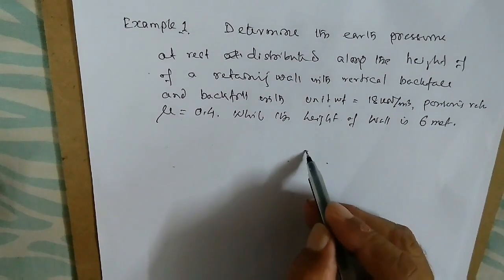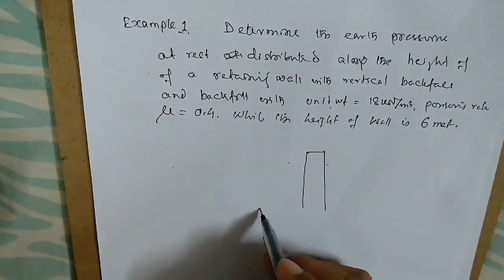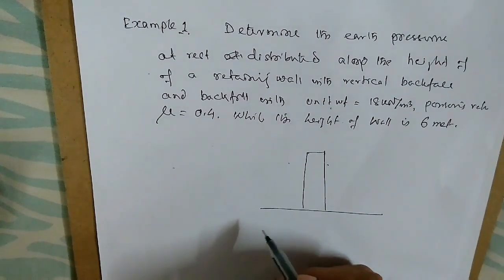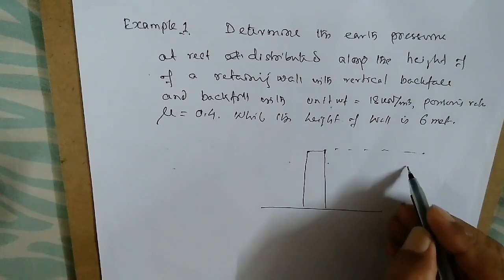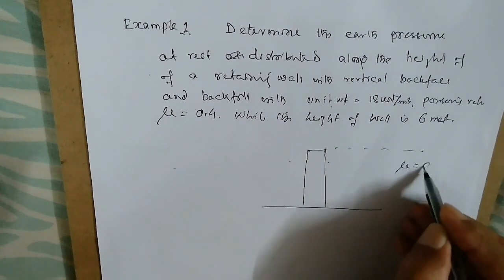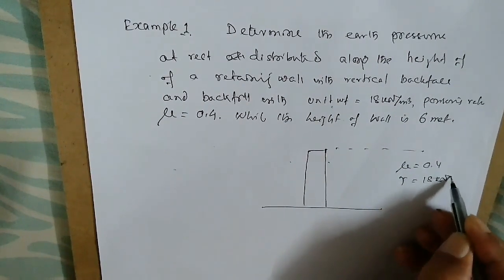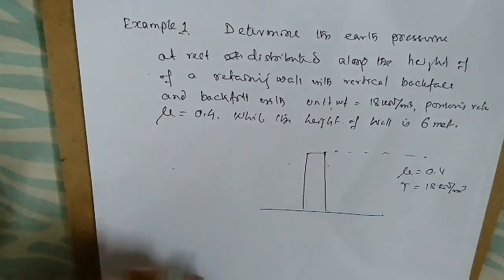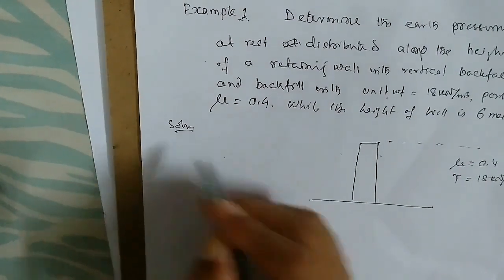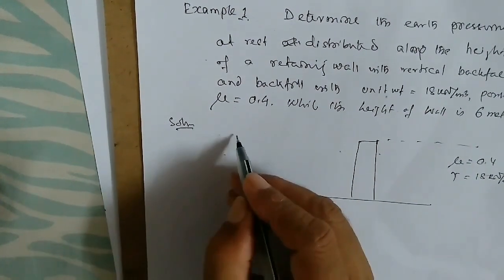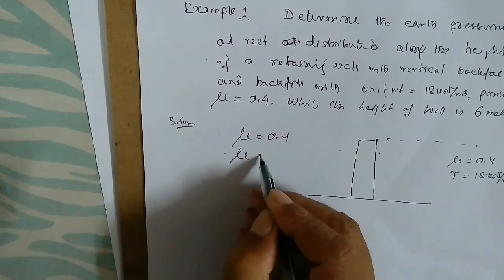Now in this question, if you draw a figure, there is a 6 meter high wall with backfill on one side. You can write the data here itself: mu is equal to 0.4, and gamma is equal to 18 kilonewton per meter cube. Generally, you write solution, draw the figure, and then write the data.